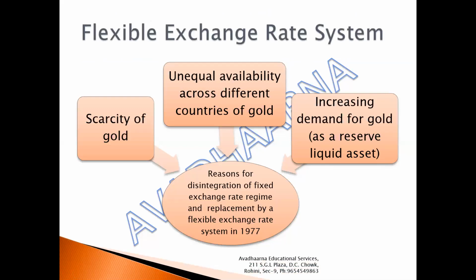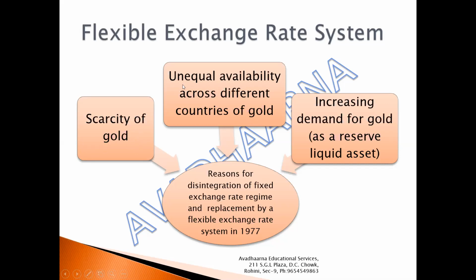Now, reason for a disintegration of fixed exchange rate regime and replacement by a flexible exchange rate system, and this was introduced in 1977. The reasons were that gold is a precious metal and it's a scarce metal, so scarcity of gold is there.